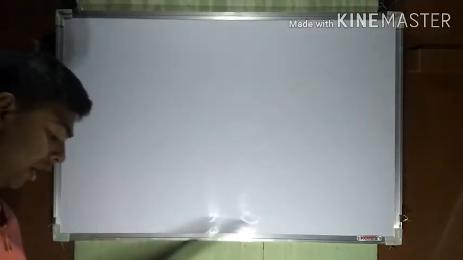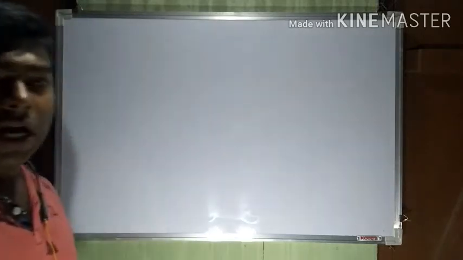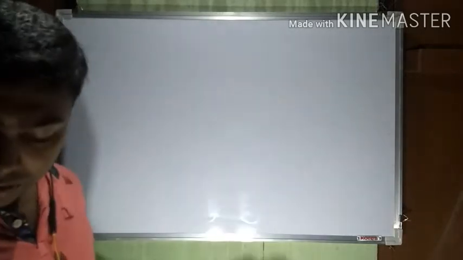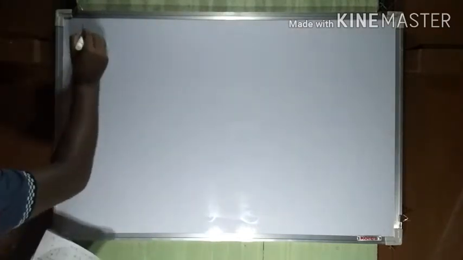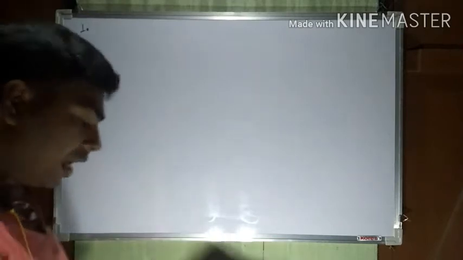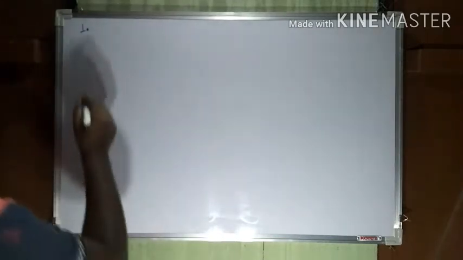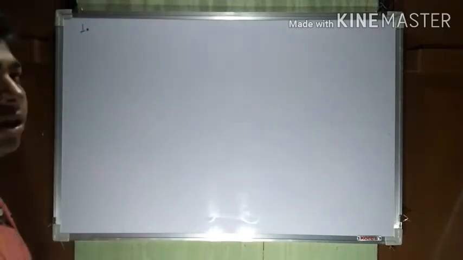With the help of the Arrhenius equation, we can find the activation energy of a reaction. We can find it by two methods. The first method is the graphical method. With the help of a graph, we can find out the activation energy.